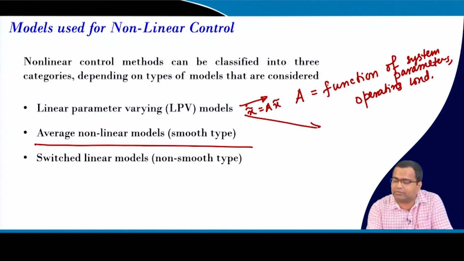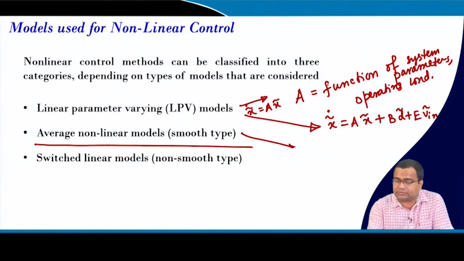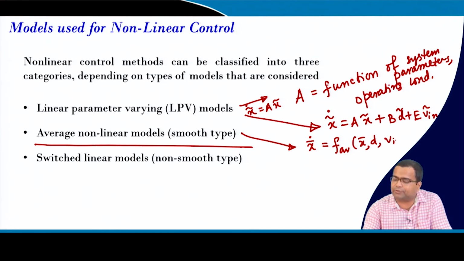Okay, let me write it down here. We got x tilde dot equal to A into x tilde plus B into d tilde plus E into V tilde. In this case, we got x dot average is nothing but F average of x, and there is a duty ratio and input voltage.